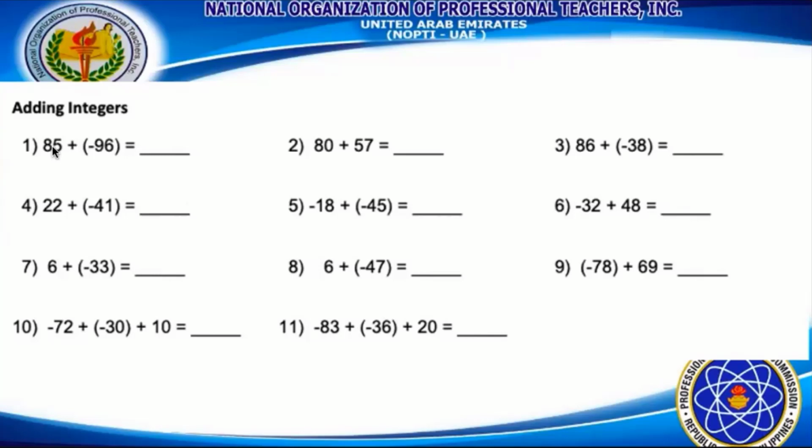Halimbawa, ito, 85 plus negative 96. Kasi kung diretso yan, 85 plus minus 96, di ba? Nakakalito. So, nilagyan ng parentheses just to separate. Pag straight line yan, iba rin yun. That's absolute value or absolute sign. But since it's a parenthesis, it's just to separate. Wala kayong gagawin. Yan din pa rin yan, kahit naka-parenthesis siya.